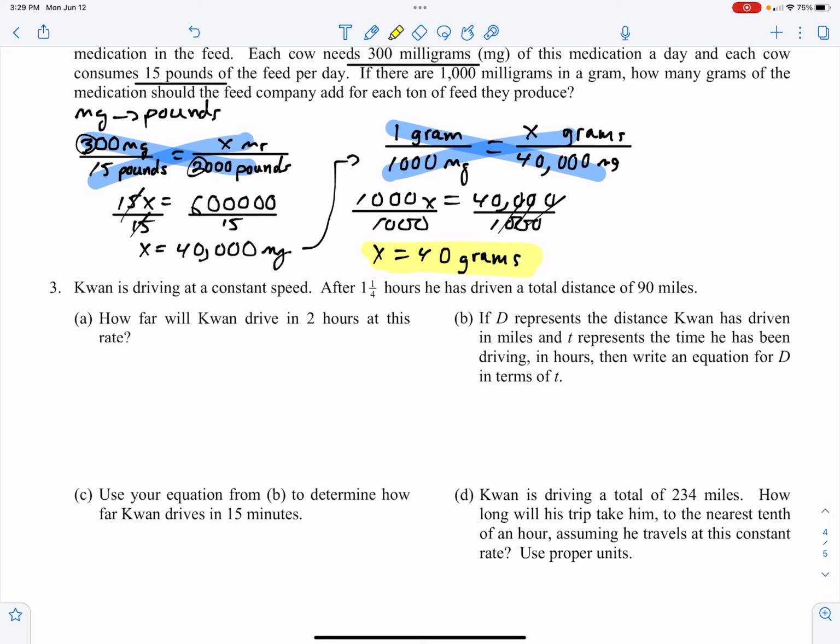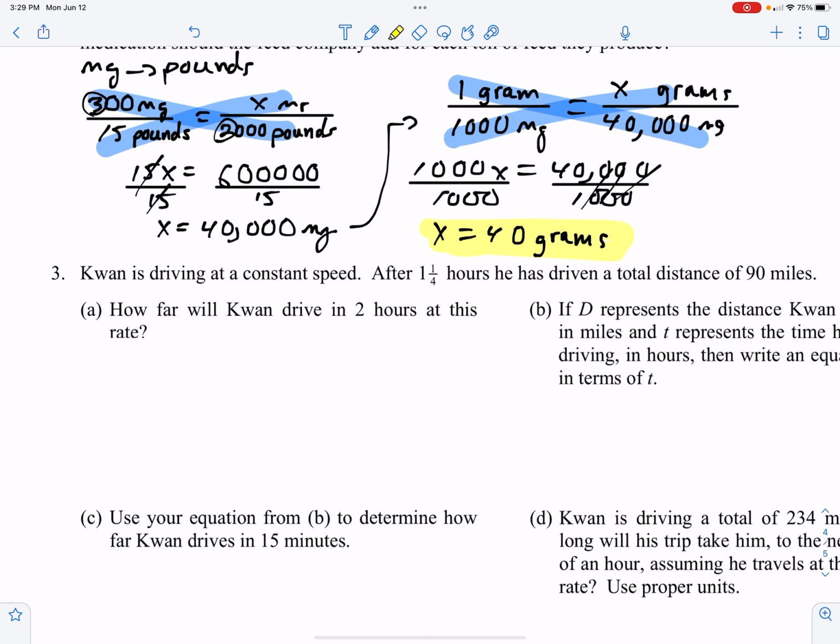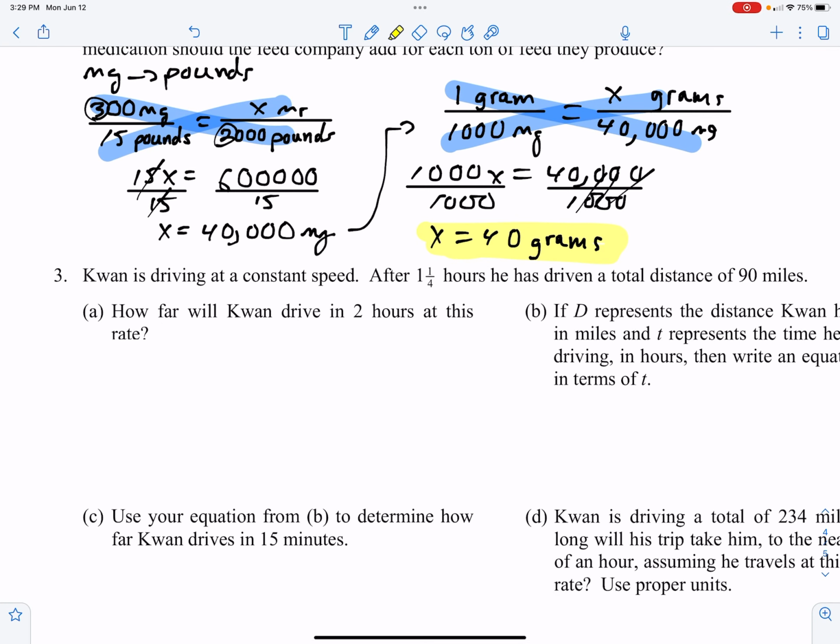After 1.25 hours, he has driven a total distance of 90 miles. So I'm going to write that in there. So he's gone 90 miles in 1.25 hours.